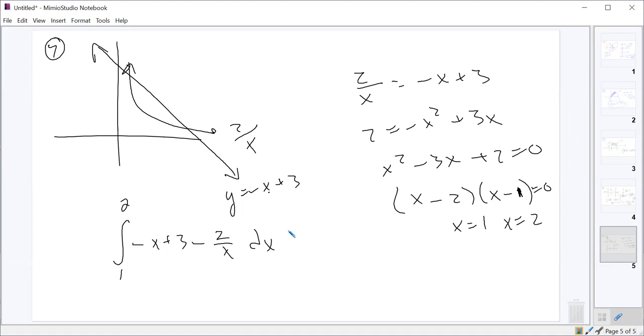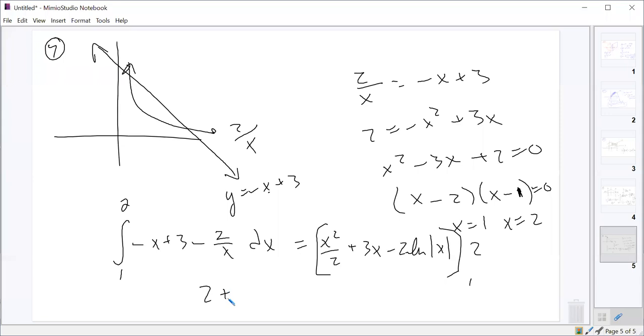And as you integrate that, you end up with -x squared over 2 plus 3x minus 2 ln absolute value of x, all from 1 to 2.